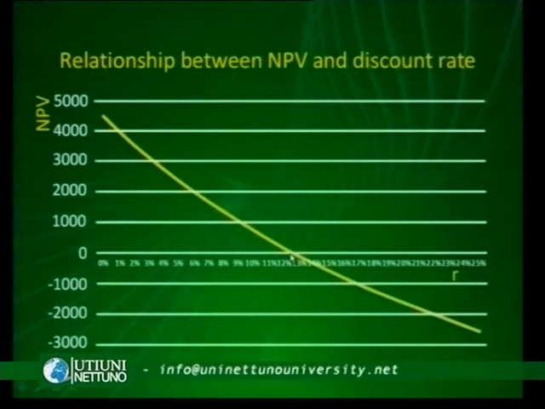So this intersection between the NPV curve and the x-axis has a very clear and important meaning that we'll analyze in the next class. And in particular, as we'll see, this intersection point is defined as the internal rate of return, or IRR, and represents the rate of return of the project. So we'll go more in depth into the discussion about the relationship between IRR, discount rate, and NPV in the next class.